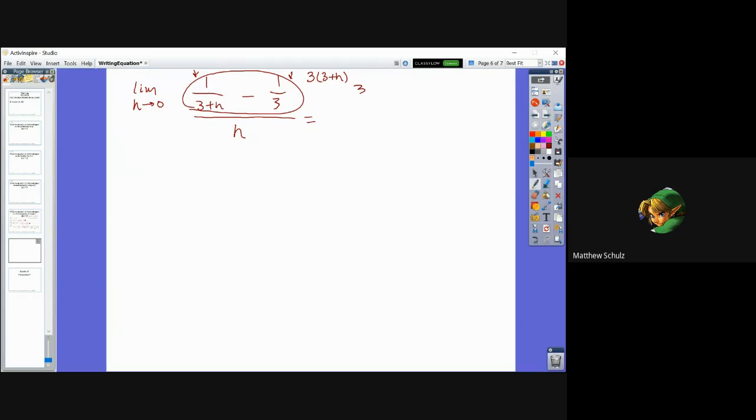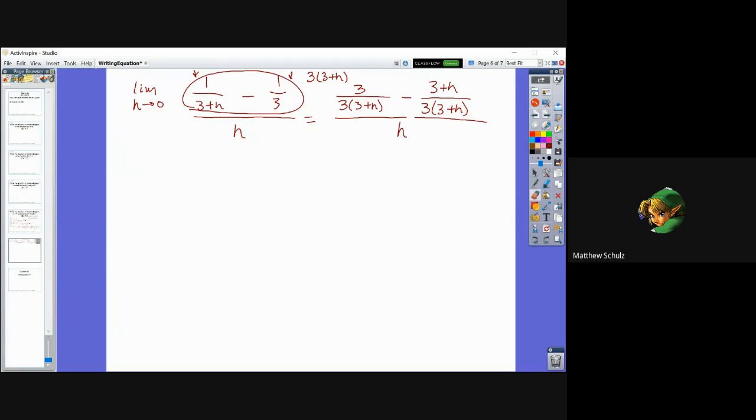That's going to give me 3 over 3 times 3 plus h, minus 3 plus h divided by 3 times 3 plus h. All right. So this is going to look a little weird for right now. Bear with me here, okay?